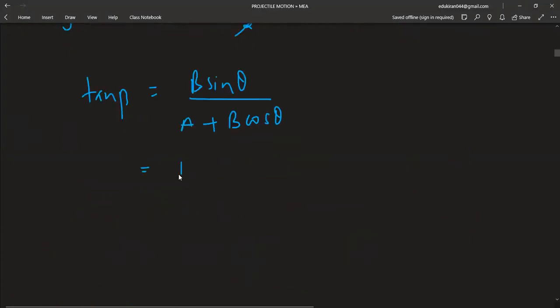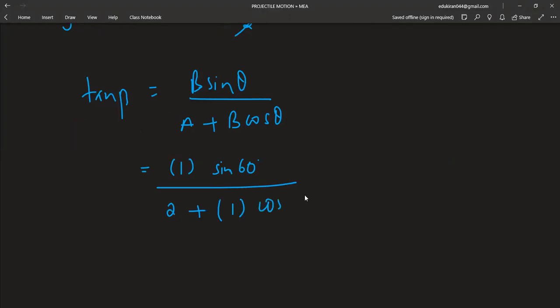So this becomes 1 into sine 60 degree divided by 2 plus 1 into cos 60 degree. So this becomes root 3 by 2 divided by 2 plus half.